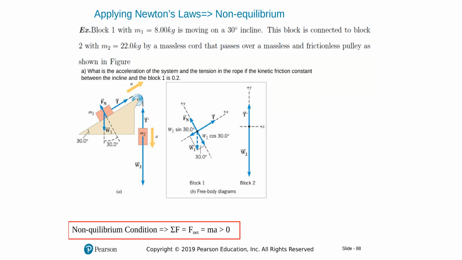Part B asks what is the acceleration of the system and the tension in the rope if the kinetic friction constant between the incline and the block is 0.2. Now there is friction, so I'm going to add that friction. As the system will try to go in this direction, friction will be against that. So here is our friction. We already decided that M2G is way larger. Even with the friction, it will move the system in this direction.